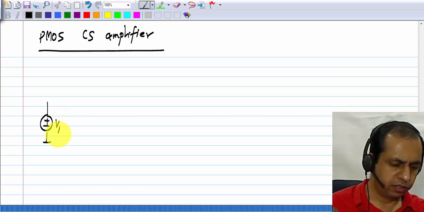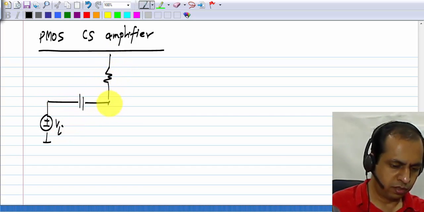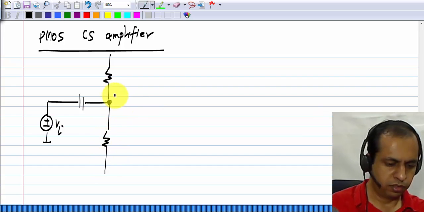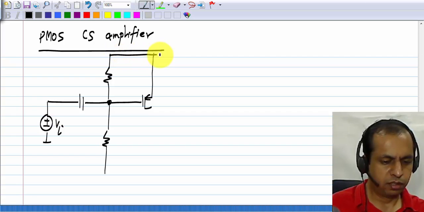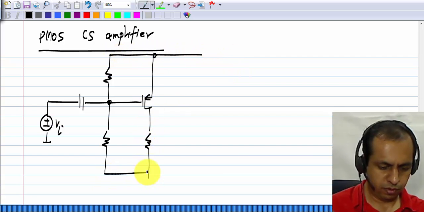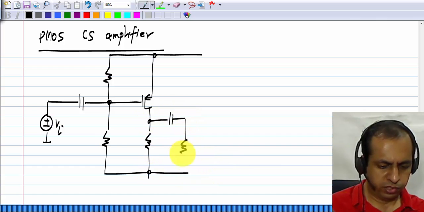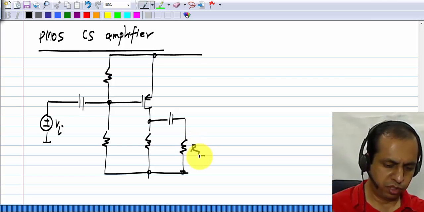Okay. I have Vi and I AC couple it to this point, which is the gate, and I have AC coupled the load to the drain.